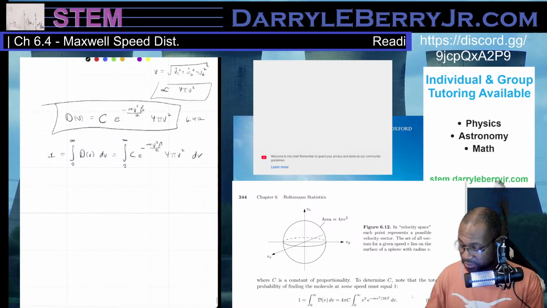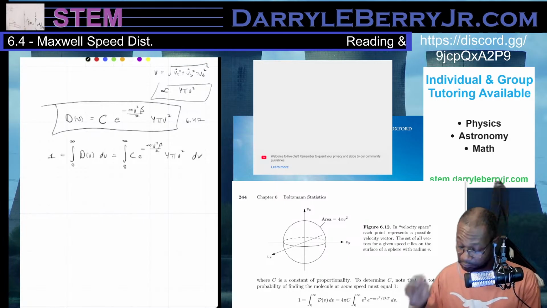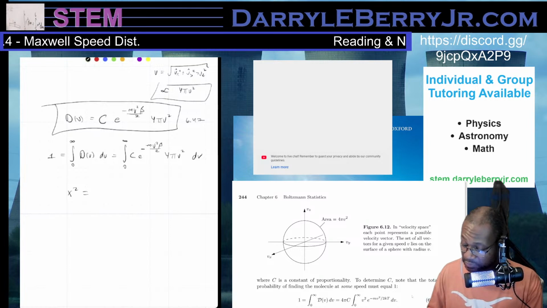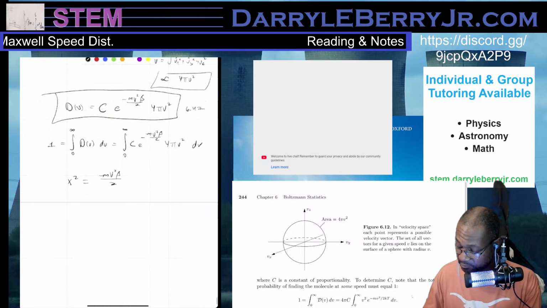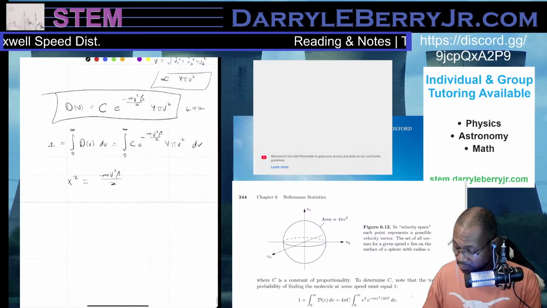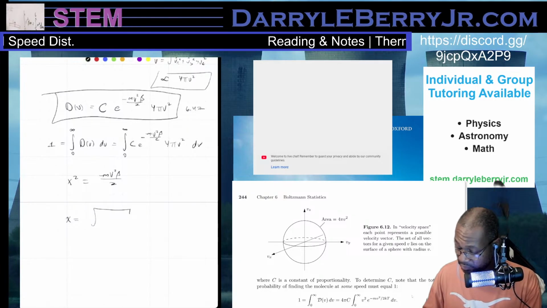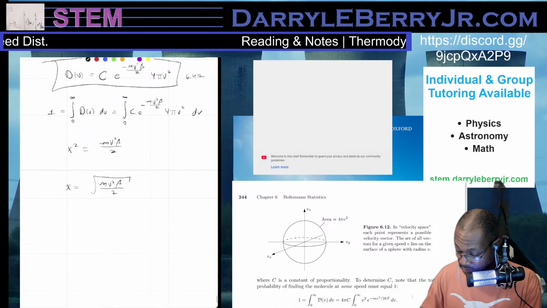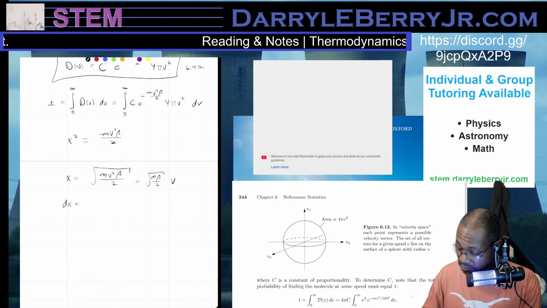And here we go with this change in variables thing again. So x squared equals m v squared b over 2, since v is squared. x equals the square root of m v squared b over 2, equals the square root of m b over 2 times v. dx equals the square root of m b over 2 dv.